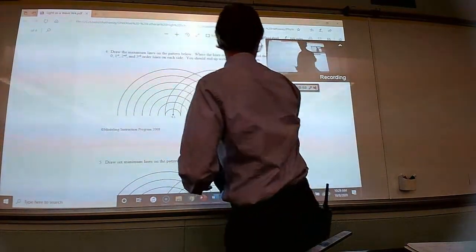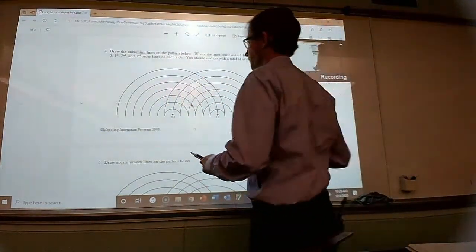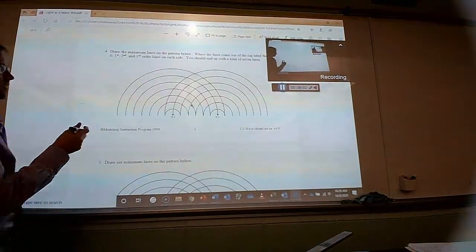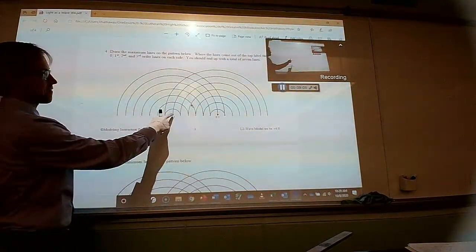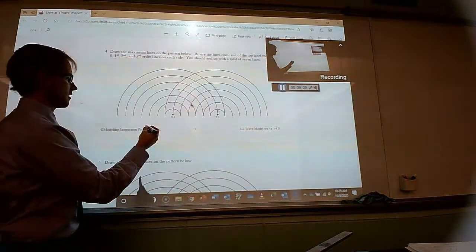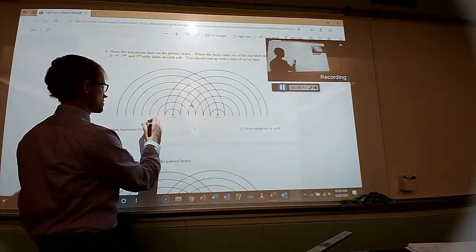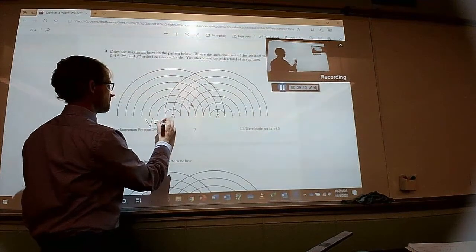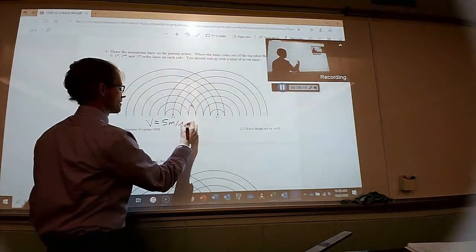Now let's say that I give you how fast these waves are moving. Maybe they're moving at a wave speed of 5 meters per second.